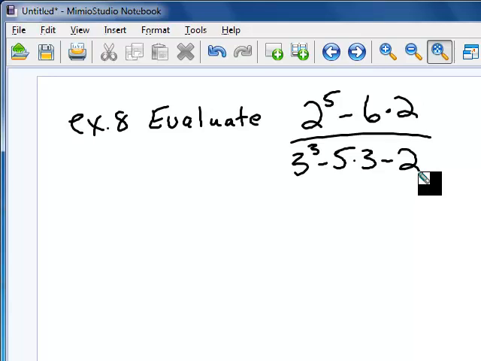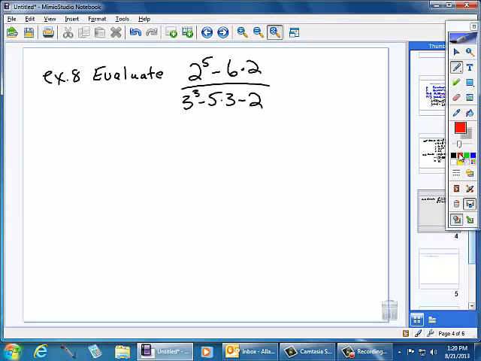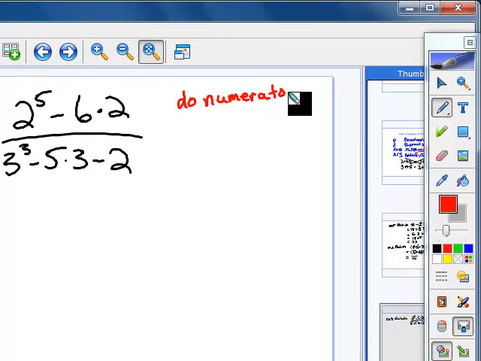Alright, so what we need to do, and we'll make a little note of it, is this. Do numerator and denominator independently.